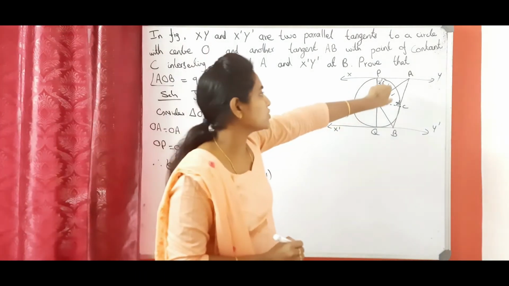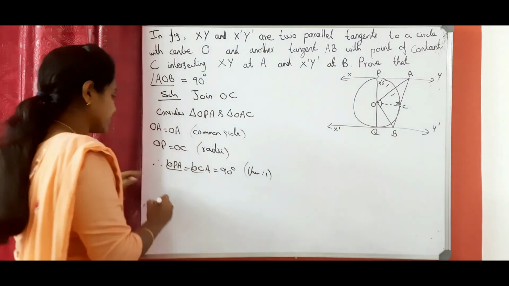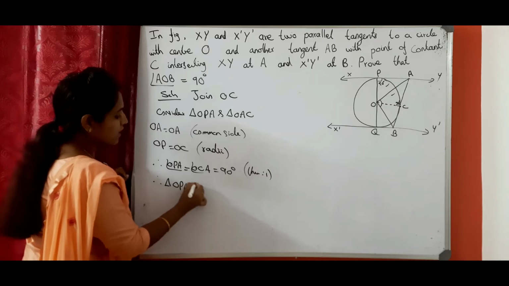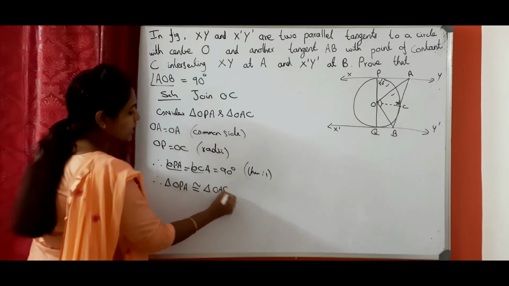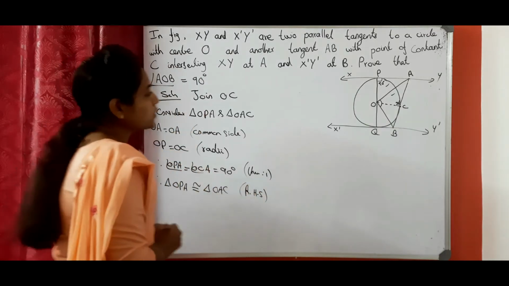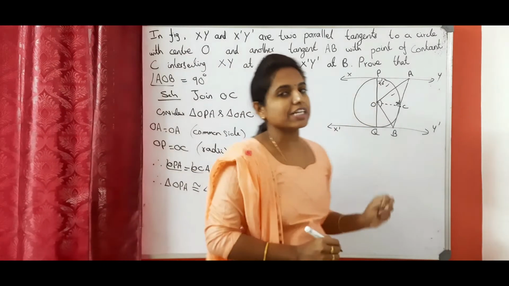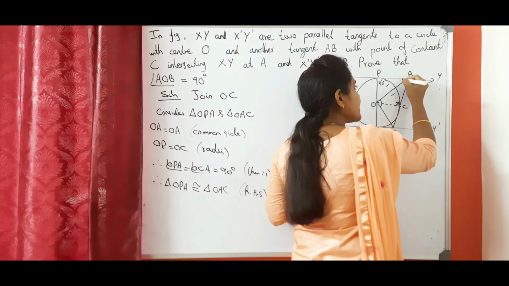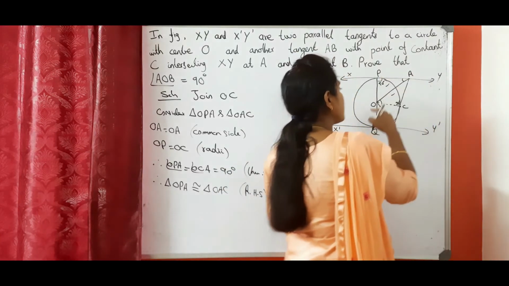We can say these two triangles are congruent. Therefore, triangle OPA congruent to triangle OCA by the RHS theorem. So two triangles are congruent means their corresponding parts of congruent triangles are equal. What is the corresponding angle of PAO?